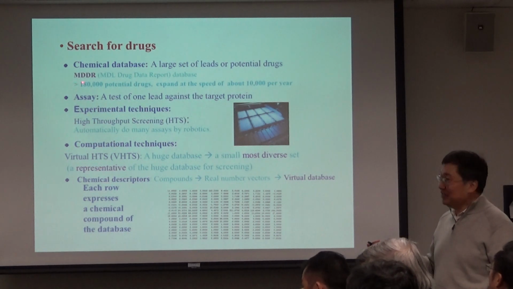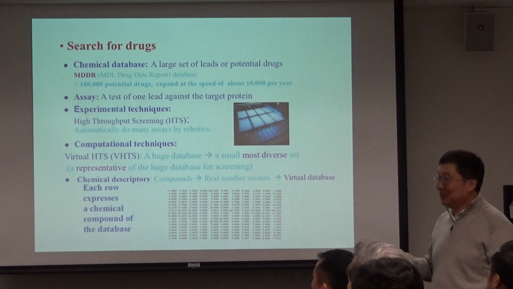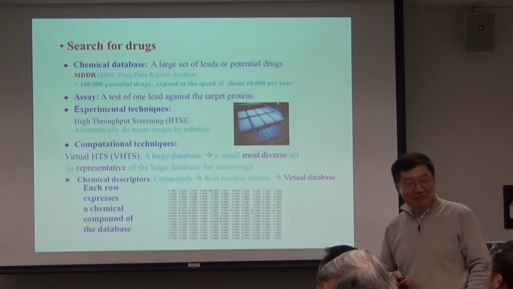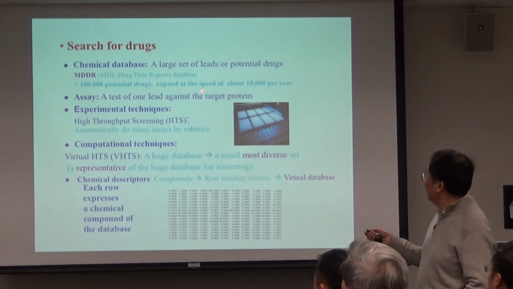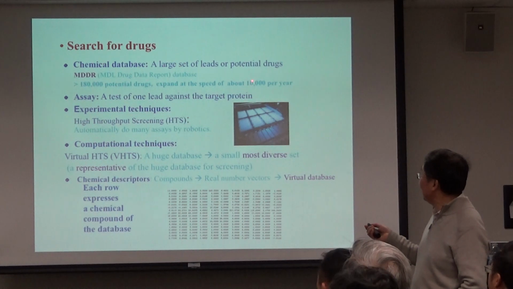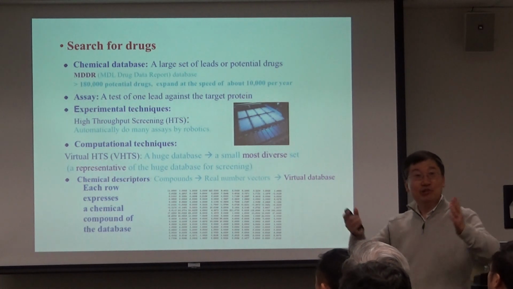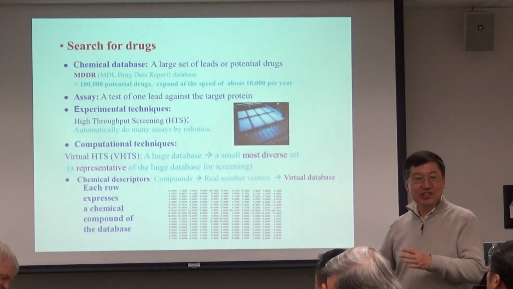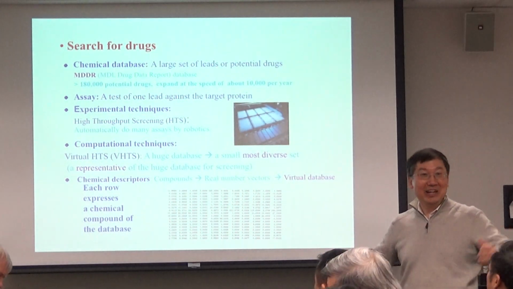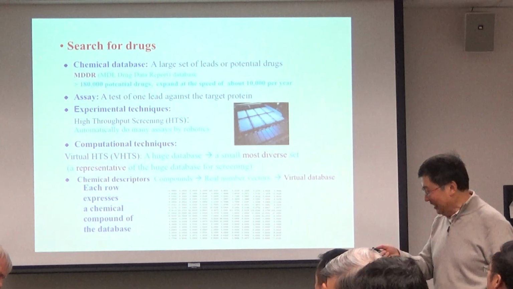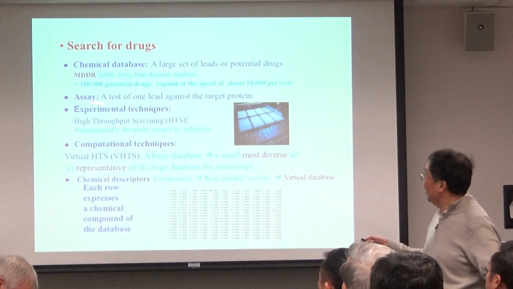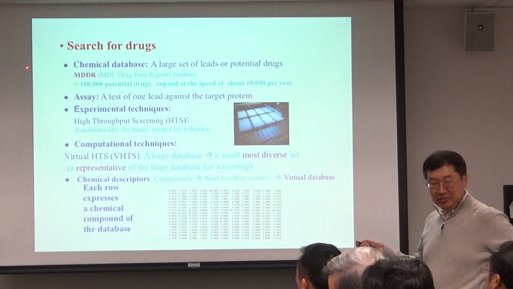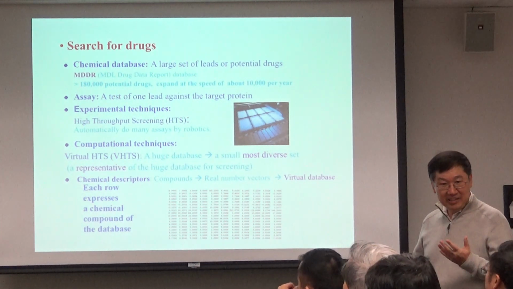About 10 years ago it was about 100,000. Now it's over 180,000, so the growth is about 10,000 per year. They keep growing. I think they collect these drugs from the literature and publications anywhere. I don't know how they do that. But I think you can get this data set, it's available. So that's the one we use to study.